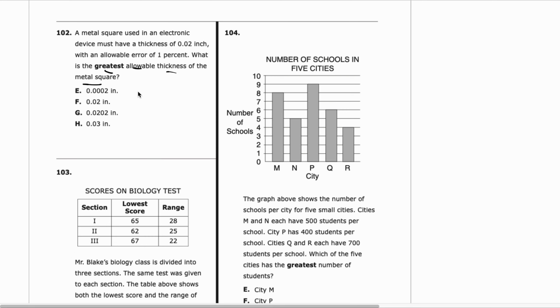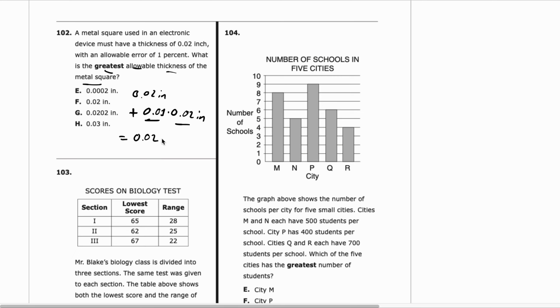Well, the greatest allowable thickness would be 0.02 inch plus that error of 1% of 0.02 inch, right? This is the greatest thickness that it can have. So we just need to evaluate that. This is 1% of the thickness.